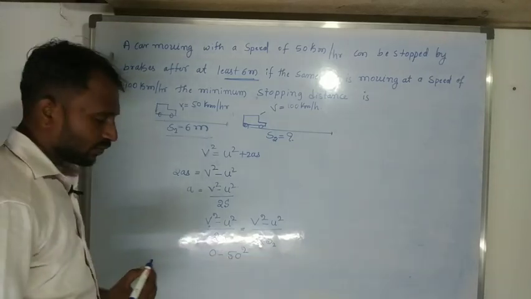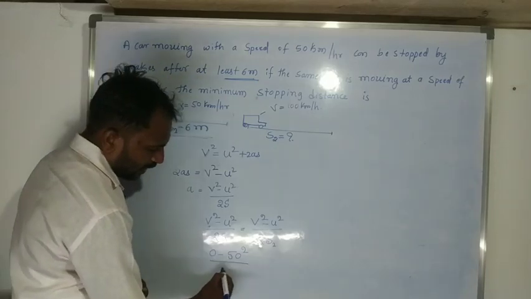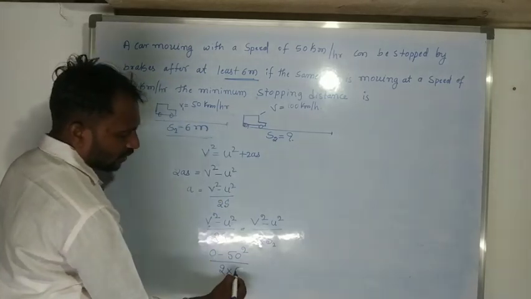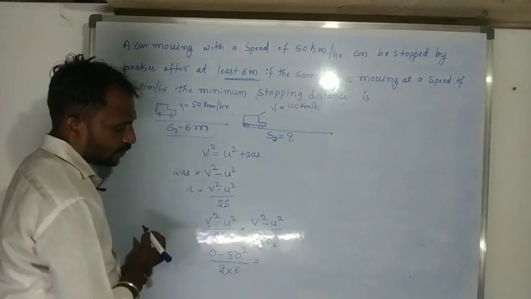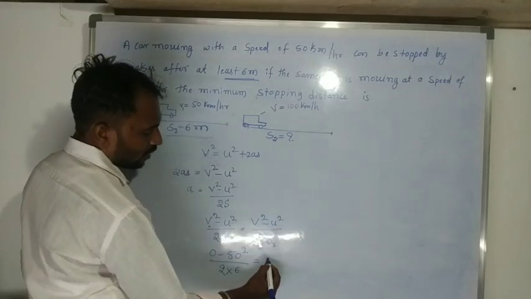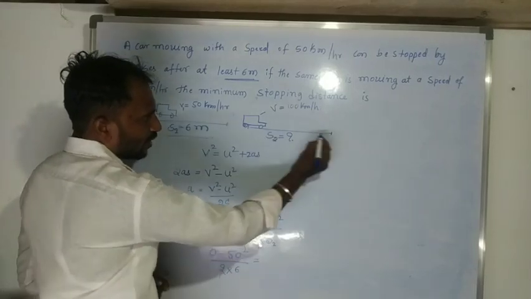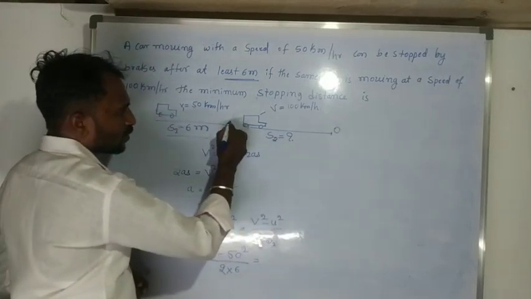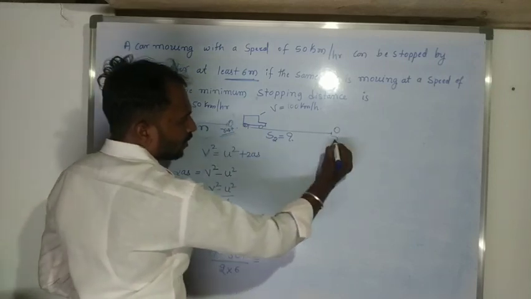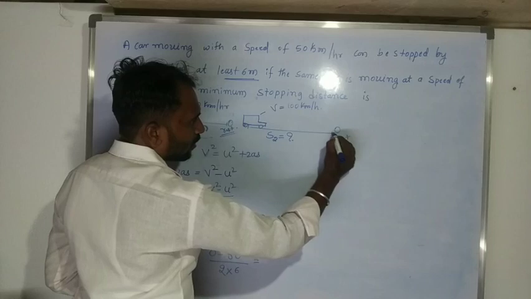0 minus 50 square divided by 2 into the first distance 6 is equal to v square, where v is the final velocity of this car when it comes to rest, which is 0.